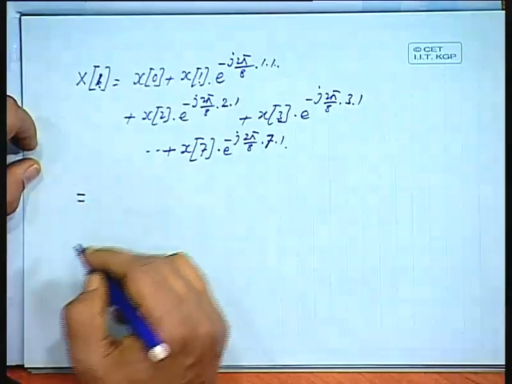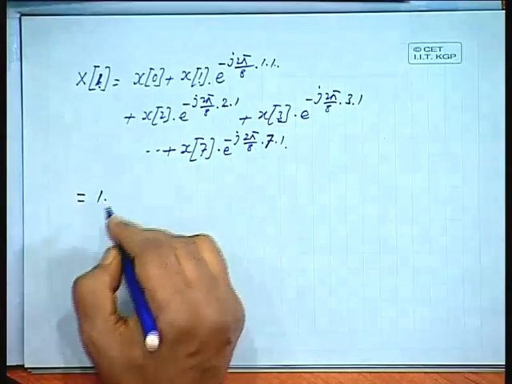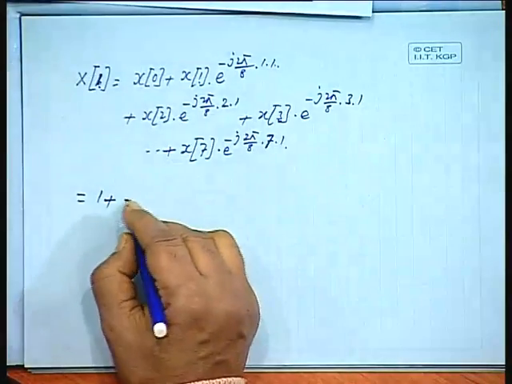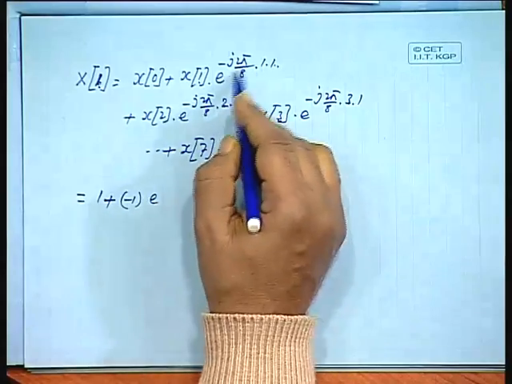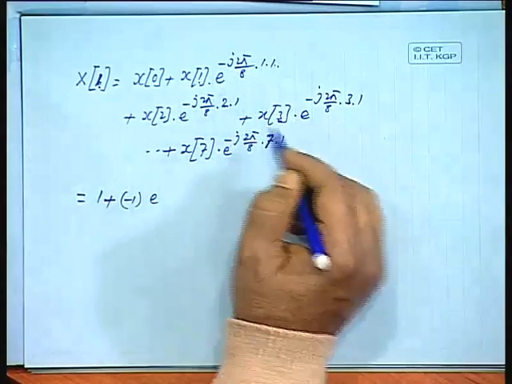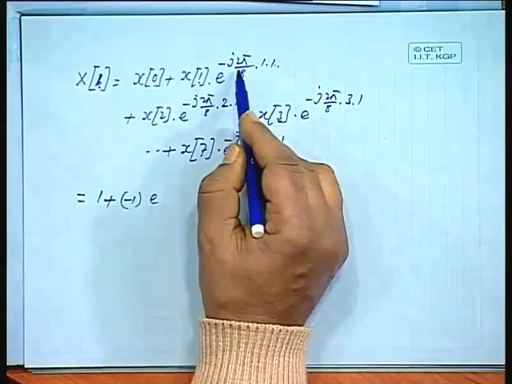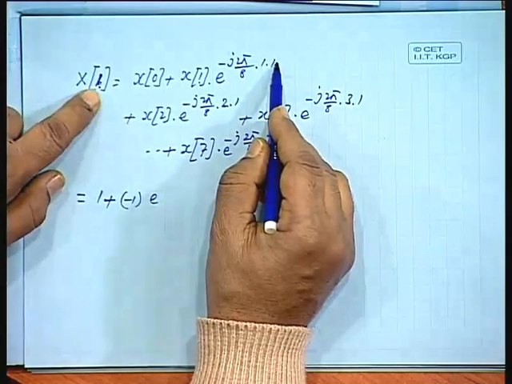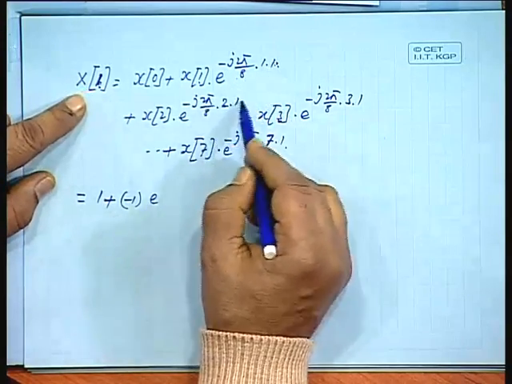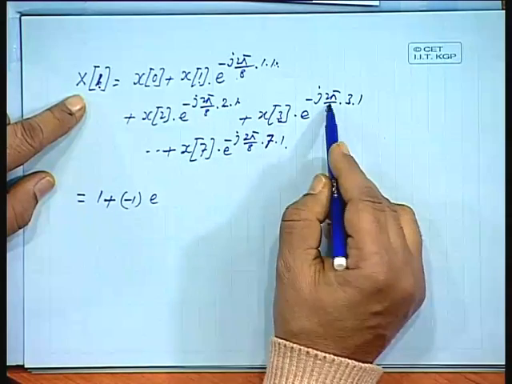So, how does it look? 1 plus, the first one is 1, then minus 1, the next value is minus 1 into e to the power minus j. Now, there is a common multiplier that you can see, e to the power minus j 2 pi by 8 into 1.